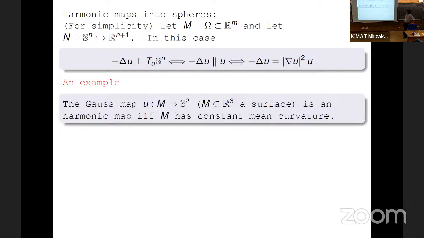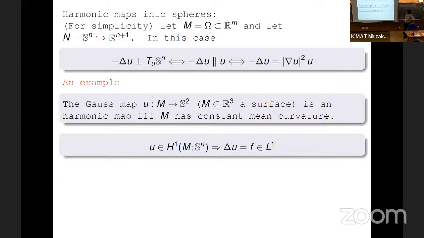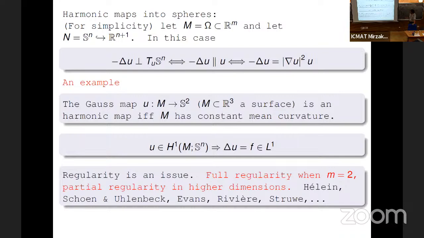At the end of the day, you realize that you are actually solving an equation in which the right-hand side is L^1. So you immediately realize that regularity is a difficult task, and that doesn't come for free using soft methods. And indeed, the regularity has been quite an issue.